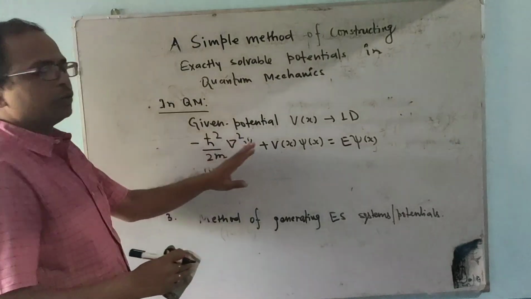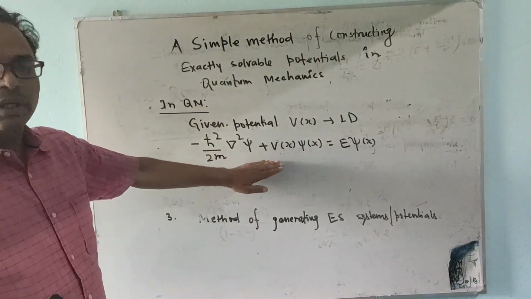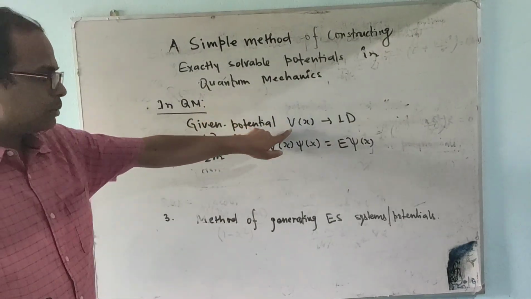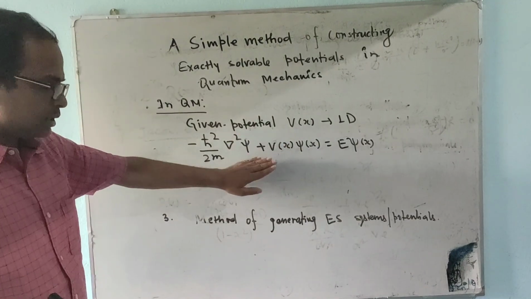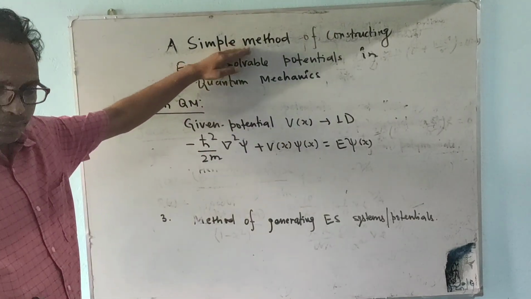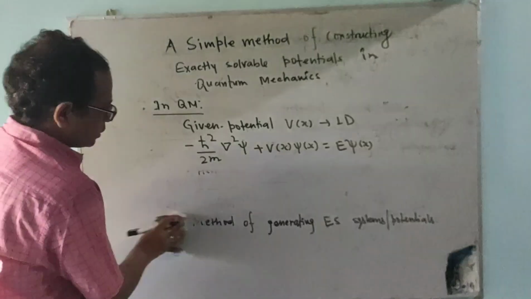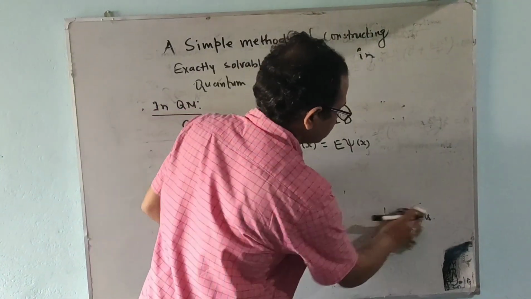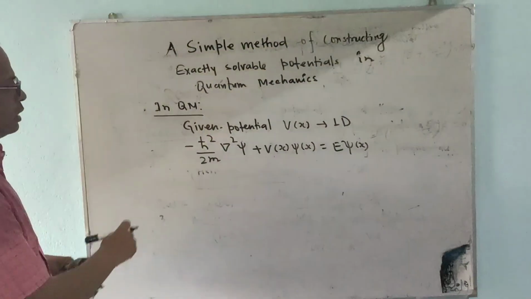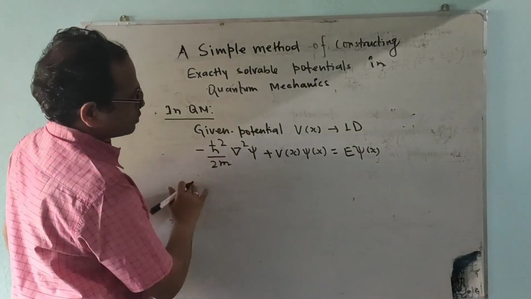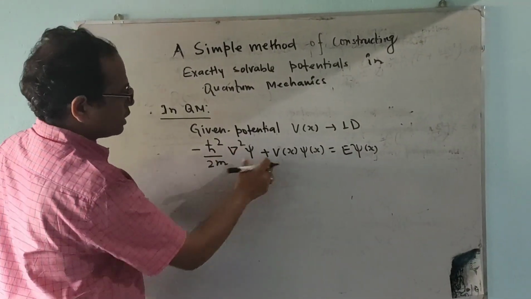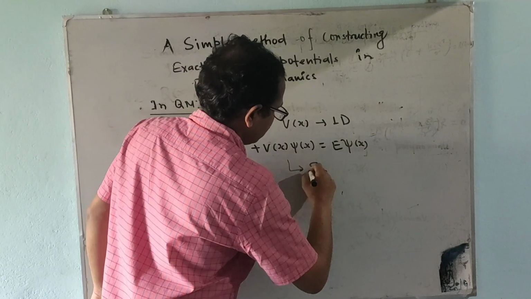This is the usual method we generally use to get the solution of a given potential. I will discuss this special method, or this simple method, later on. So first we review this one, what we do generally for this type of potential.